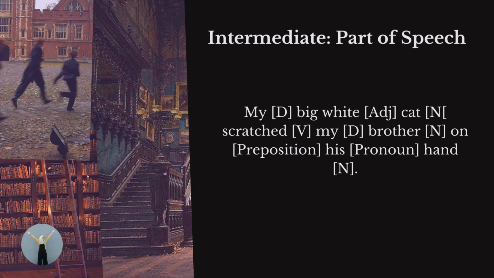You can see that my is a determiner, big and white are adjectives, cat is a noun, scratched is a verb, brother is another noun, on is a preposition, his is a pronoun, and hand is another noun. Once we recognize the parts of speech and word classes, we can go to another level, X-bar theory. Let's go.